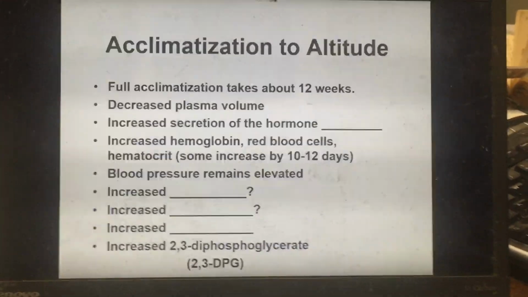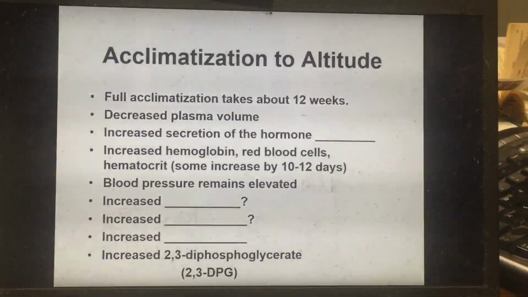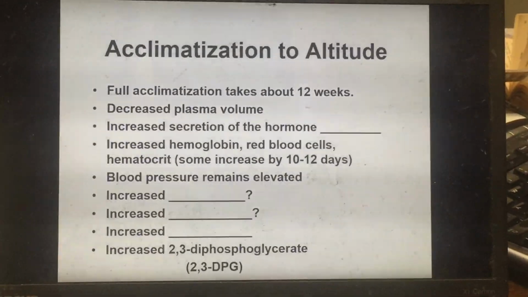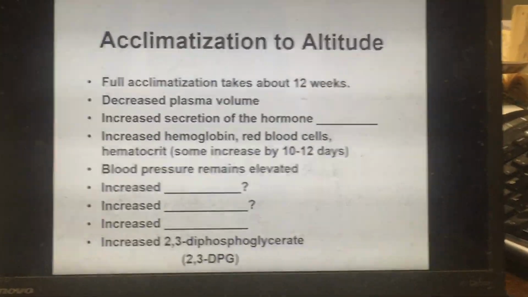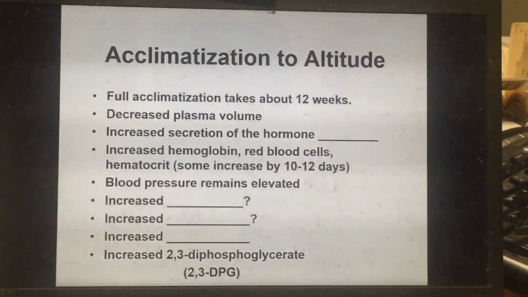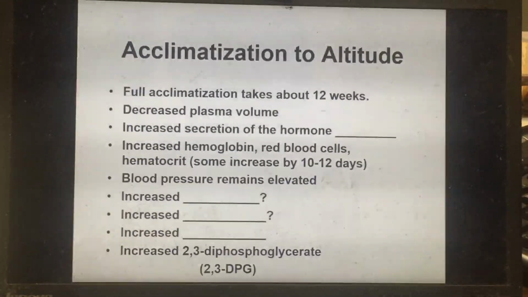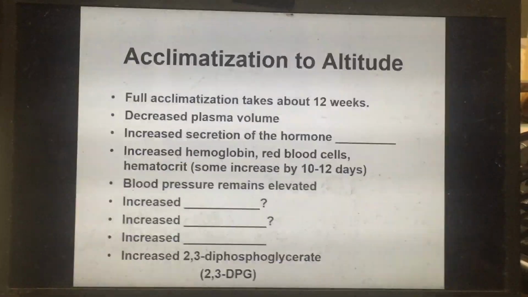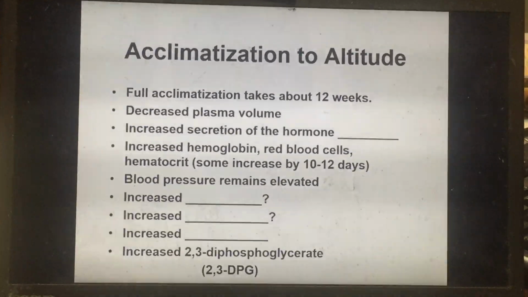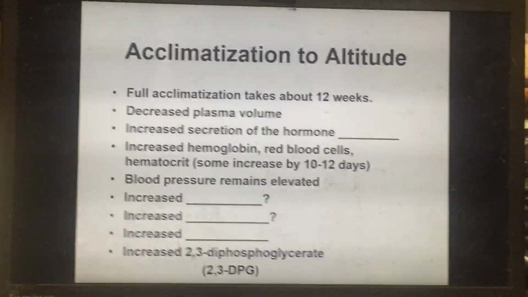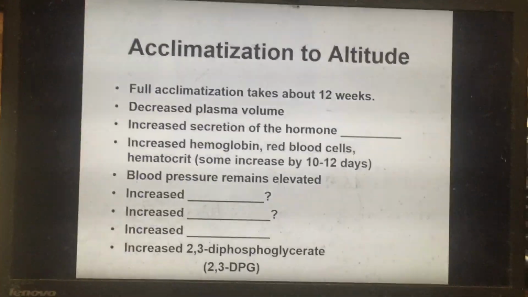Now, this slide deals with acclimatization to altitude, so long-term exposure to altitude. Full acclimatization probably takes about 12 weeks. So if an athlete wants to compete at altitude, it's recommended that they go to altitude 12 weeks ahead of their competition to fully adjust to the changes in altitude. With altitude exposure, as mentioned, you get a decrease in plasma volume.